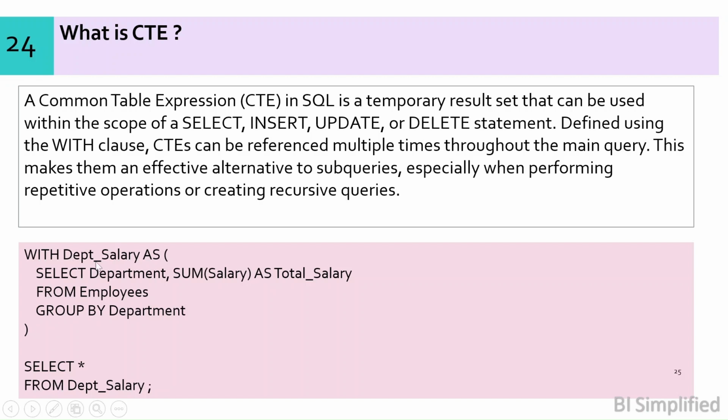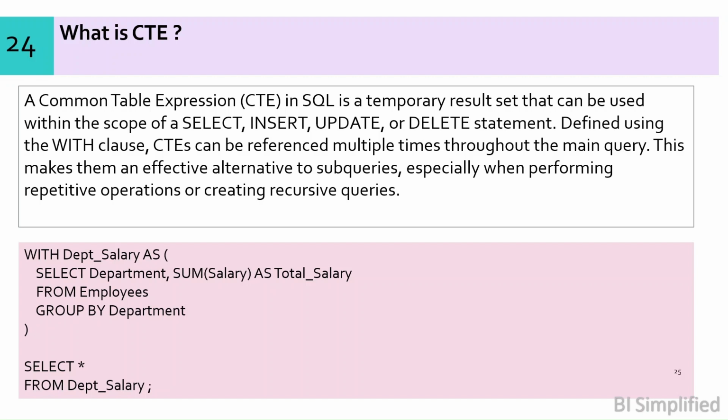Once you create this CTE, department salary, using the with clause, you can refer to this table multiple times in your query. So you can just simply write select star from department salary, and it will give you the data, department and the total salary from the employee table. It's a very important concept, so make sure that you understand that.